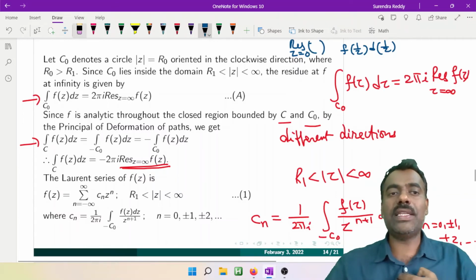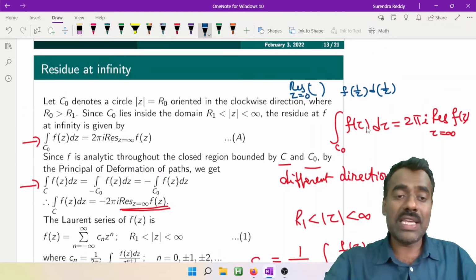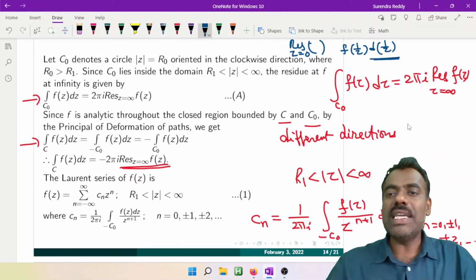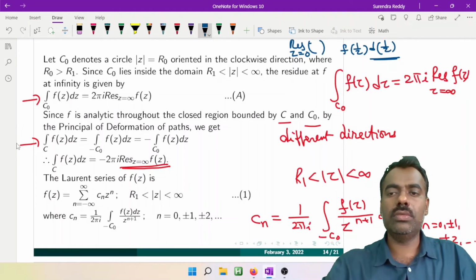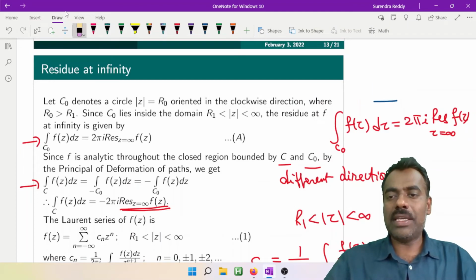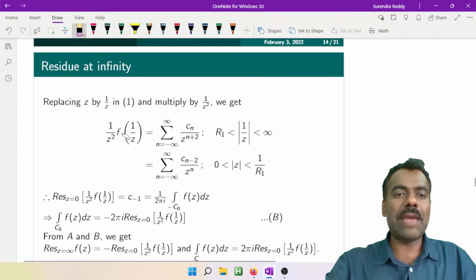So I'm just explaining the idea of how this minus 1 by z square f of 1 by z suddenly comes. That is because of this d. This differentiation is also there. Okay, I'll remove this part so that we don't get confused. But you may ask, sir, why do we want to multiply by this 1 by z square?